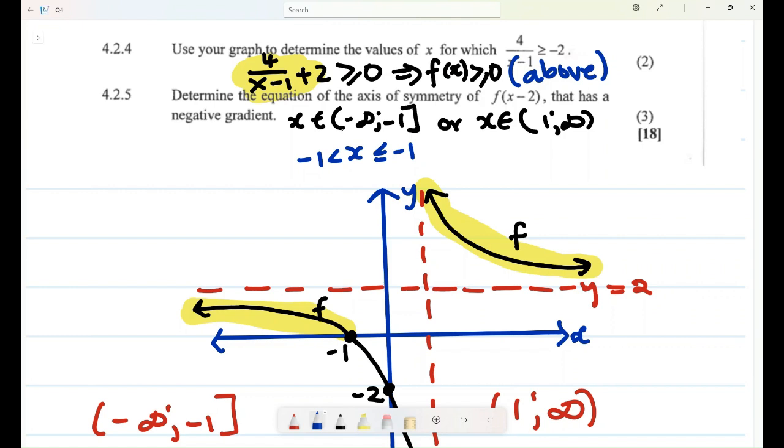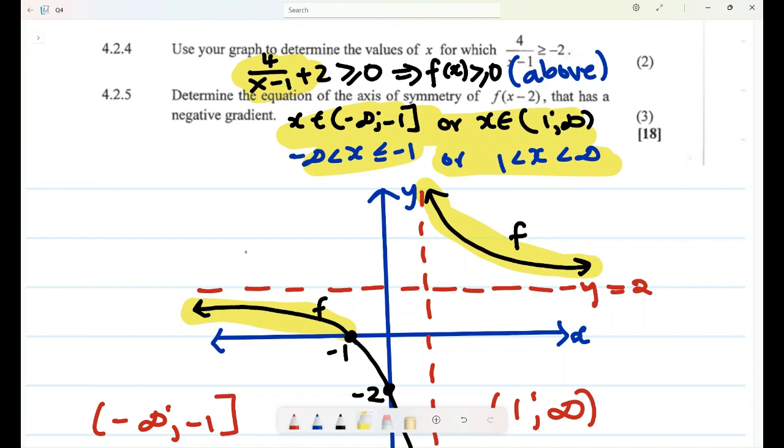You never include negative infinity or positive infinity. Or x is between 1 and infinity. All right, these were your required answers.